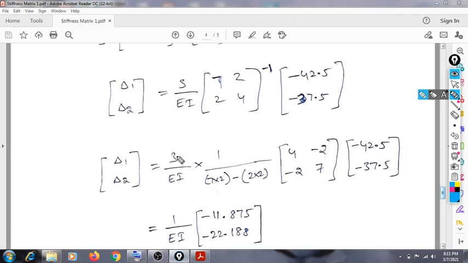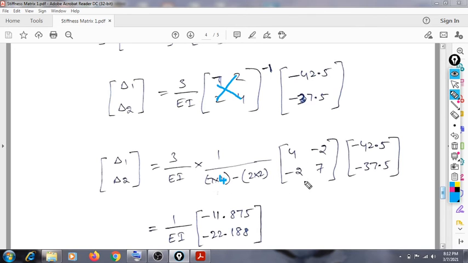So delta 1 delta 2 is equal to, here again we are going for 1 by AD minus BC. Here it is a small mistake, this is 7 2 2 4.